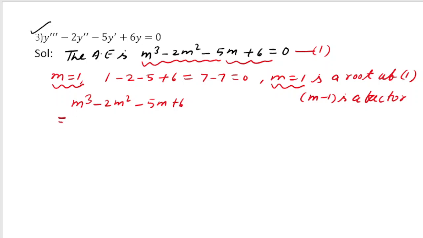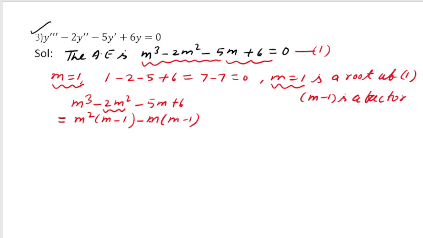So how will you factorize it? I can write this as m square into m minus 1. Look at this carefully. We know that m minus 1 is a factor, but we want m cube, so I need to multiply it by m square. Now it is m cube, and m square times minus 1 is minus m square, but we want minus 2m square, so we need minus m square extra, so I will write minus m into m minus 1.